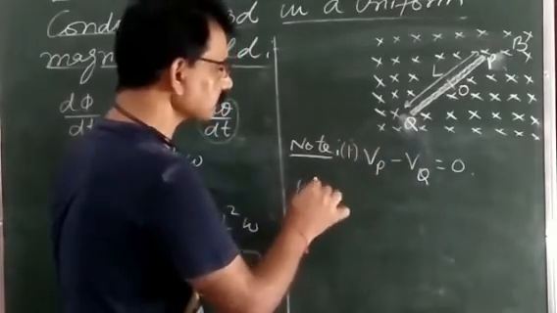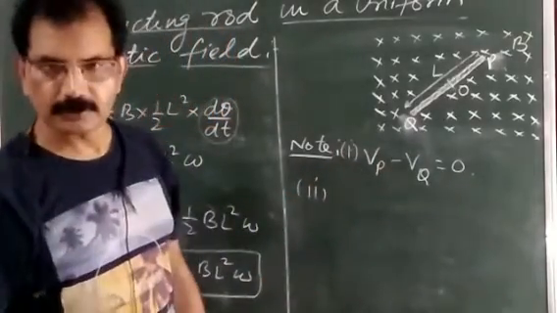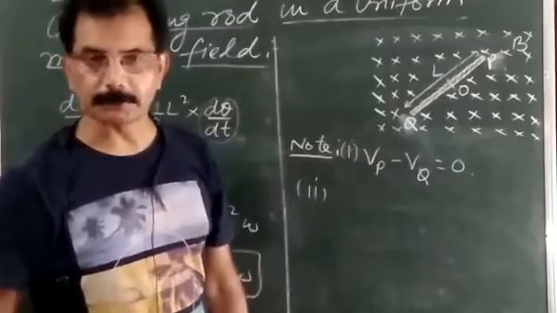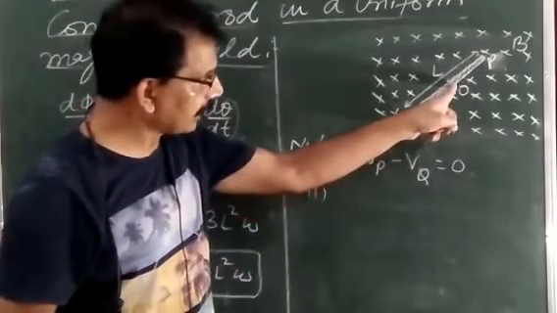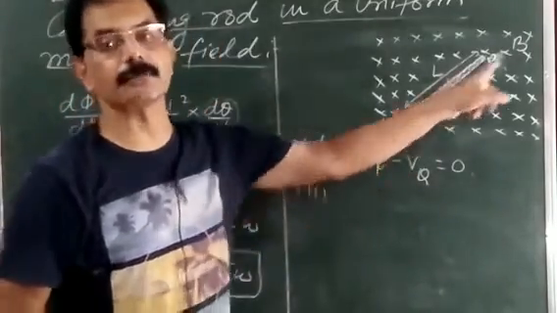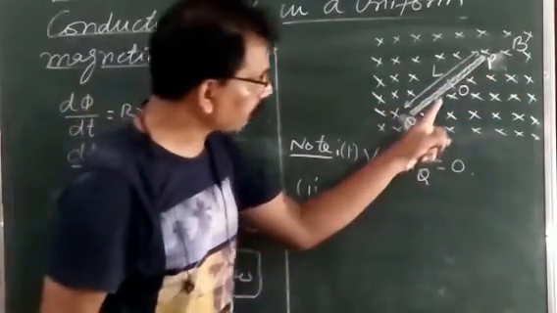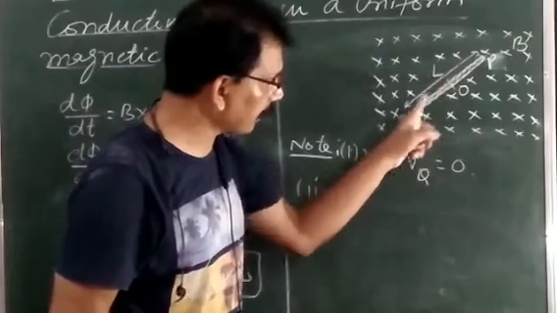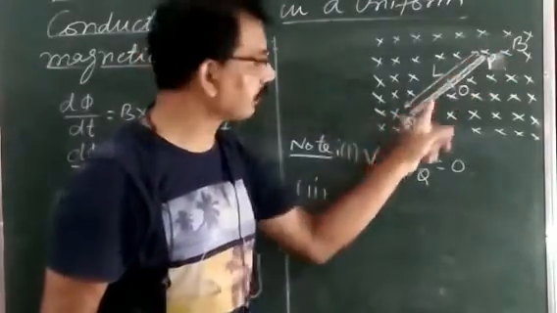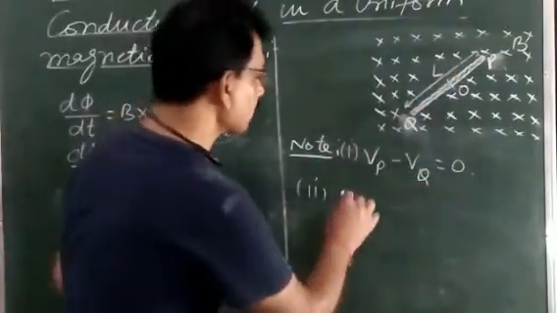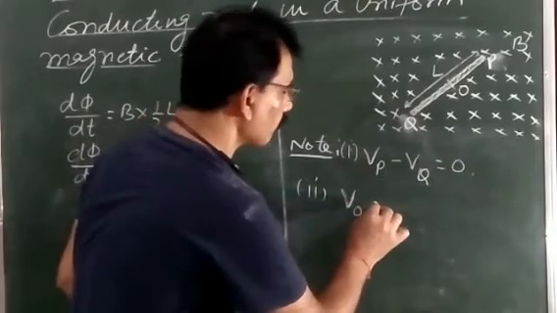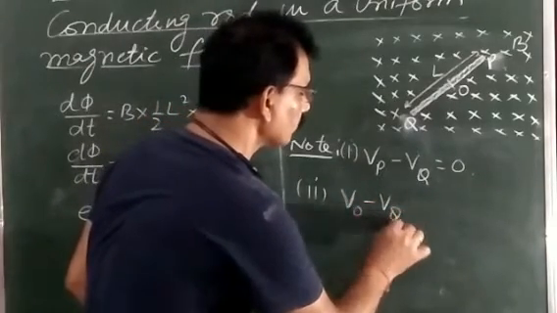The second point is, if we consider the potential difference between the middle point and one end of the rod, any one end, suppose I am taking here VO minus VQ.